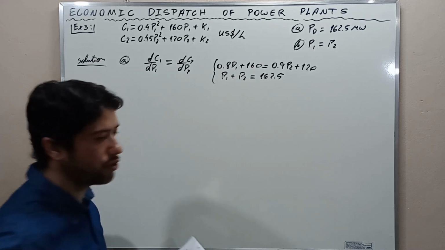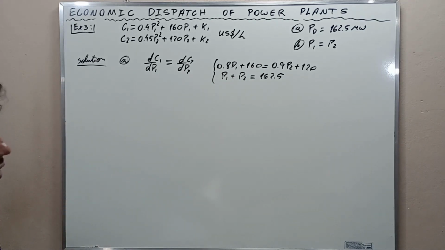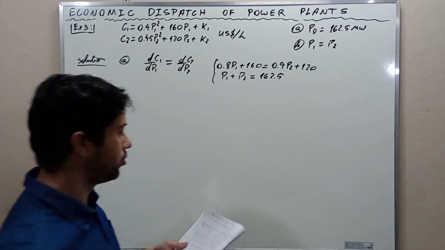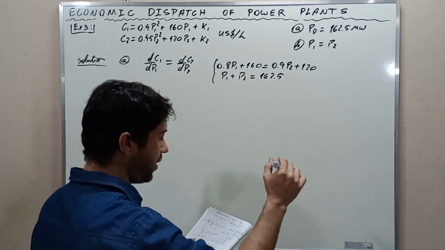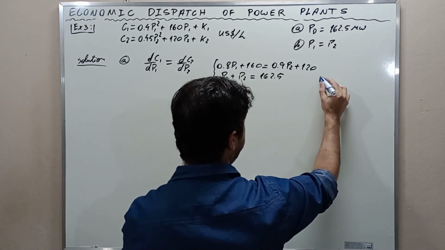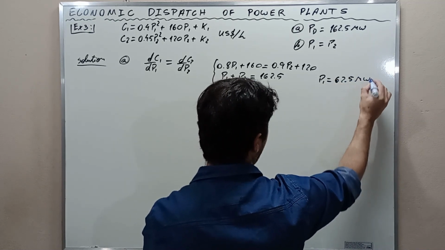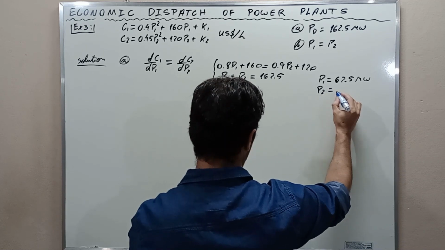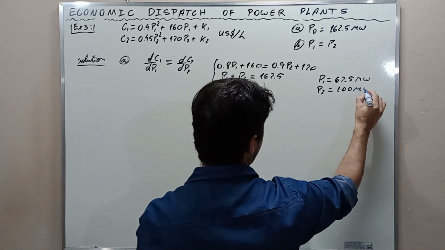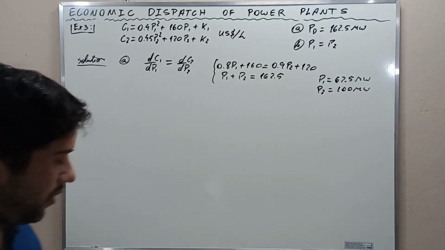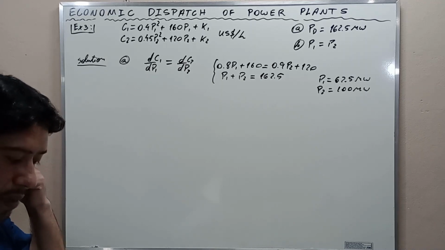Okay, we are going to solve this system of equations, and we find the solution. The optimum dispatch is when P1 is equal to 62.5 megawatts and P2 is equal to 100 megawatts. Alright, this is the optimum dispatch.